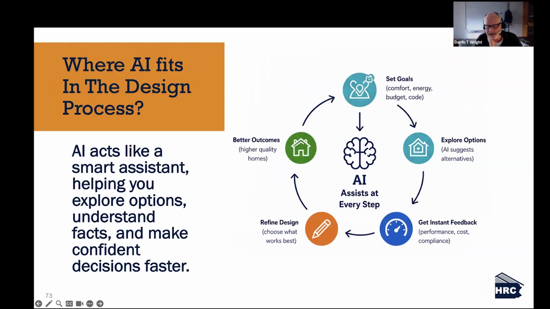Again, it's an assistant. It's no smarter than you. Hopefully you will have better decision making ability than AI will. But it's going to give you information to make your earlier decisions more effective.